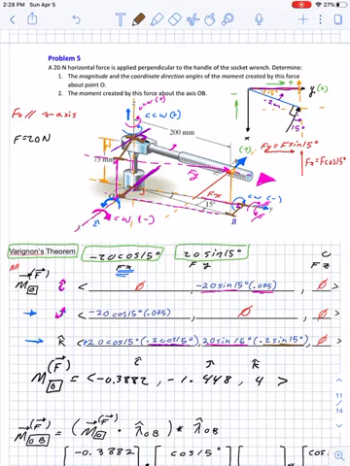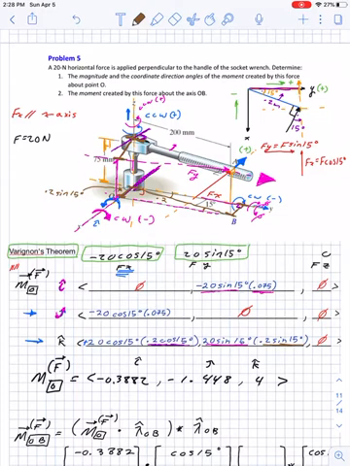this angle is 15, then this angle is 15, and this distance right here is 0.2. That means this part right here would be 0.2 sine 15, and that's how we get that moment arm right there.